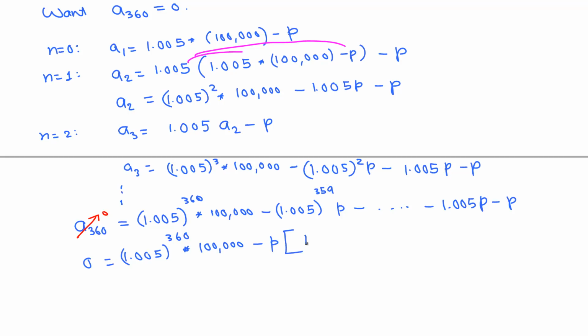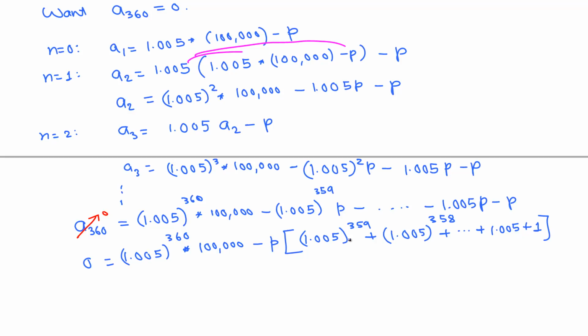That leaves 1.005 raised to 359, plus 1.005 to 358, all the way to plus 1.005 raised to 1, and eventually plus 1.